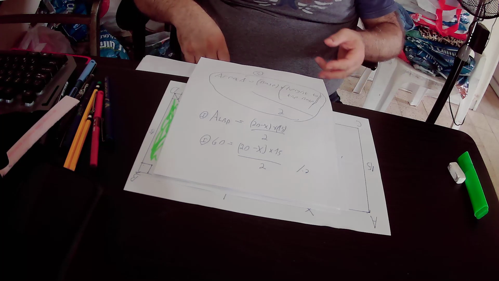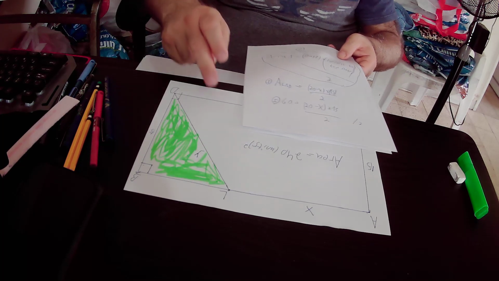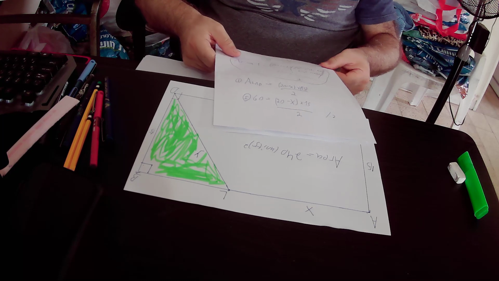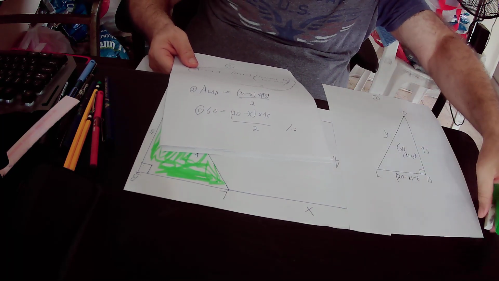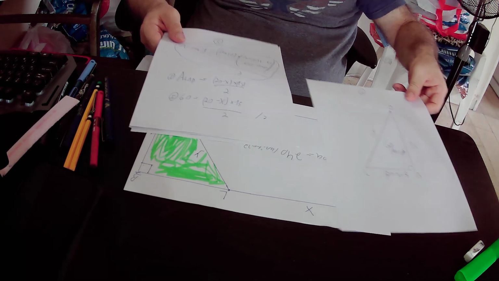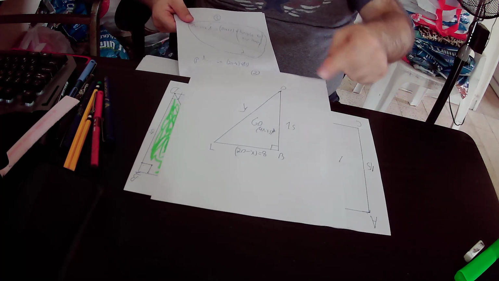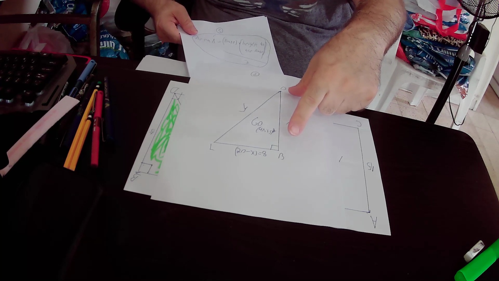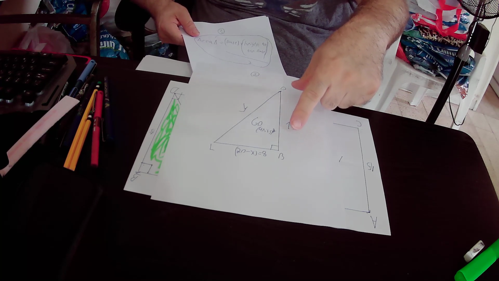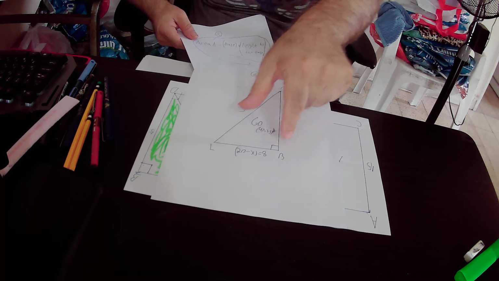So the area of the right green triangle LBD equals the base of the triangle, that is 20 minus x, times the height. The height is DB, that is 15 units, because it is perpendicular to the base.